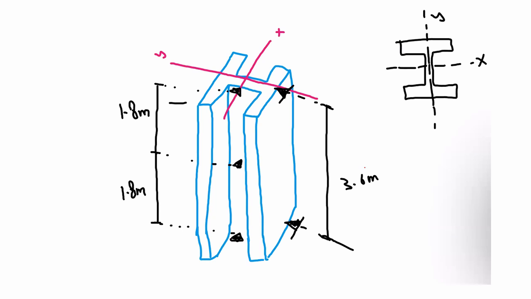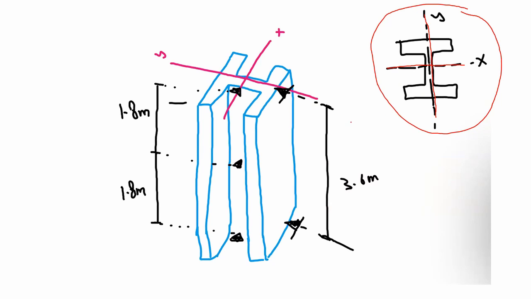So what is actually the strong axis and what is the weak axis? Let's take a look at this IPN 450, the top view for the wide flange. Now the x-axis is considered as a strong axis, and the y-axis is considered as a weak axis.